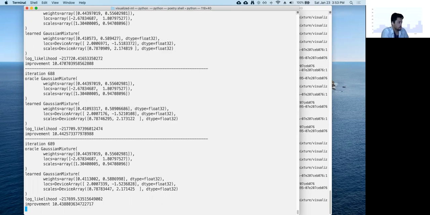The previous algorithm, EM, took 36 iterations, and this is taking roughly 1,000. It's just about done, I think. But down here, I show how much it's improving. Okay, now the improvement is slowing down, so it's probably converging.